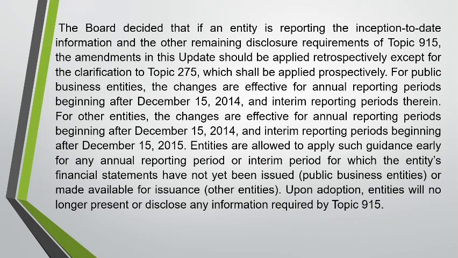For other entities, the changes are effective for annual reporting periods beginning after December 15, 2014, and interim reporting periods beginning after December 15, 2015. Entities are allowed to apply such guidance early for any annual reporting periods or interim periods for which the entity's financial statements have not been issued or made available for issuance. Upon adoption, entities will no longer present a disclosure.